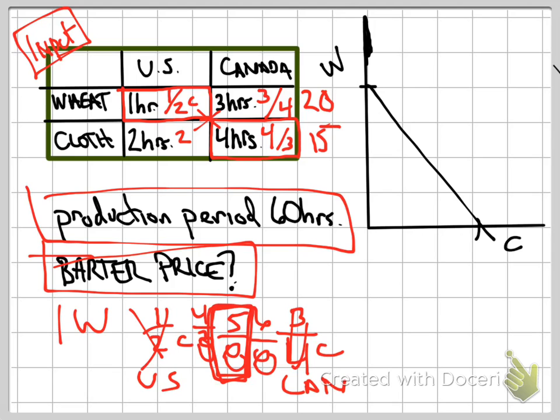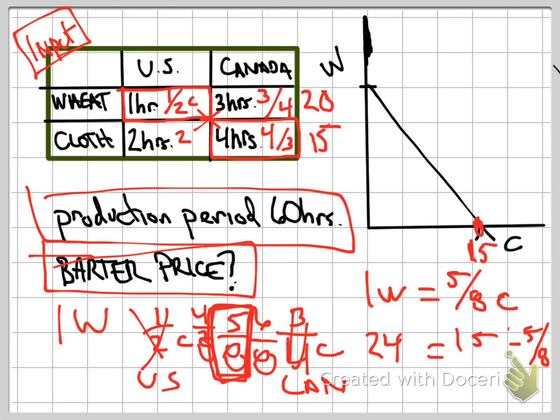Now, given that Canada is going to specialize in cloth, they are going to produce at a point of 15 units of cloth. But we also know that the agreed upon terms of trade will be that 1 ton of wheat will equal 5/8 units of cloth. Given that Canada could produce, specialized only in cloth, 15 units, they could technically trade all of that cloth, and if we take 15 and divide it by 5/8, we would get 24 units of wheat.